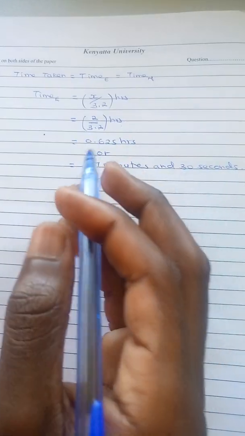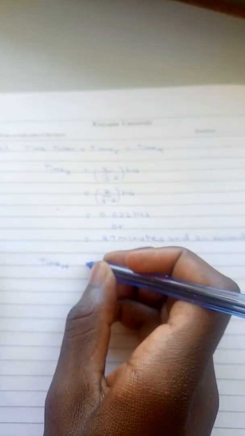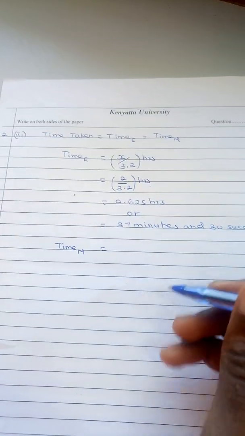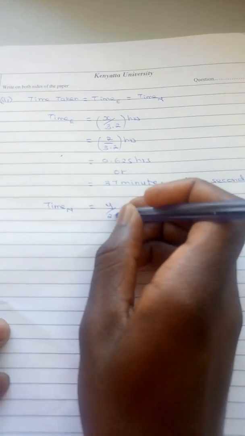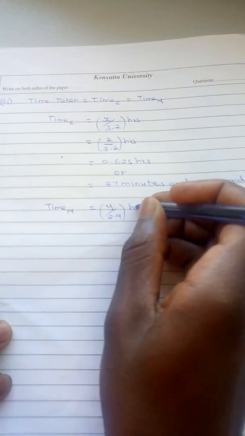You can also confirm by using the time north. It's just a confirmation. The answer will be the same. Time north was equivalent to y kilometers over 2.4 hours.